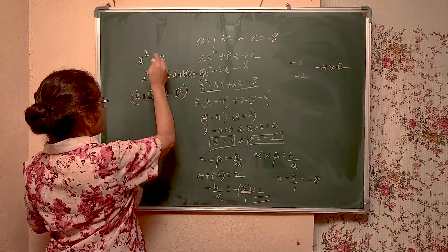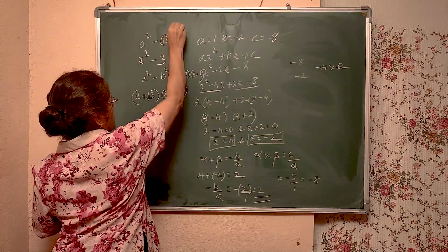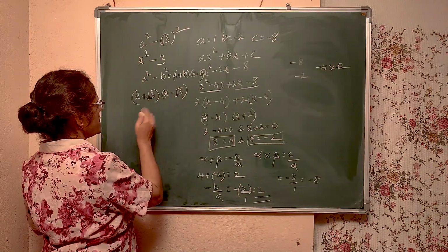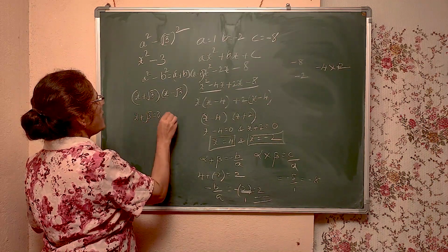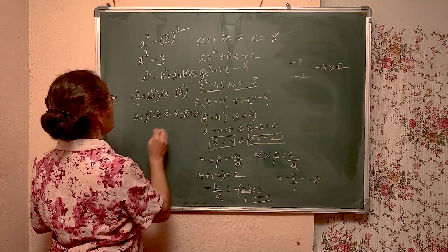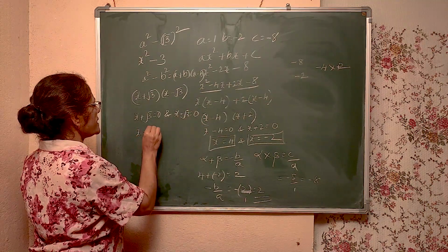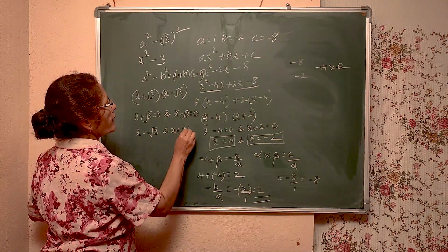So it is in the form x square minus square root of 3 the whole square. Right? So x plus square root of 3 is equal to 0 and x minus square root of 3 is equal to 0. x is equal to minus square root of 3 and x is equal to plus square root of 3.